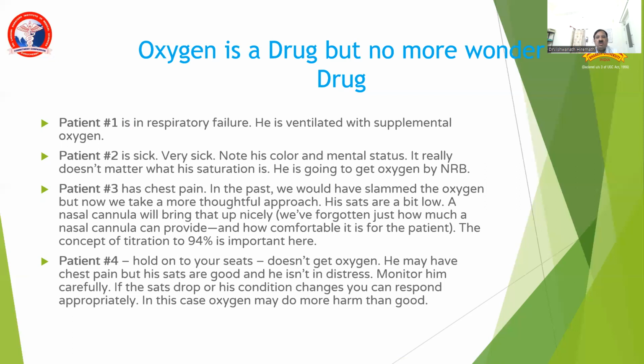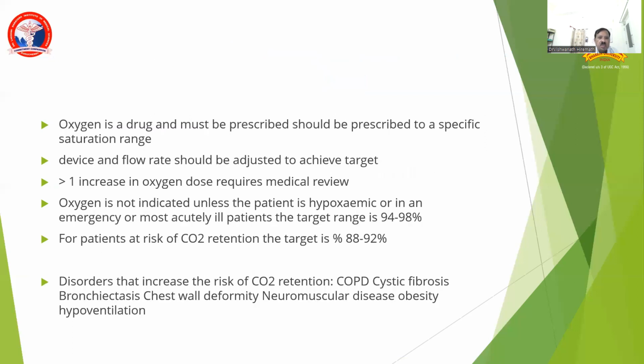So, oxygen is no more a wonder drug. It is a drug, but no more a wonder drug. It has to be used judiciously. It should be prescribed to a specific saturation range.